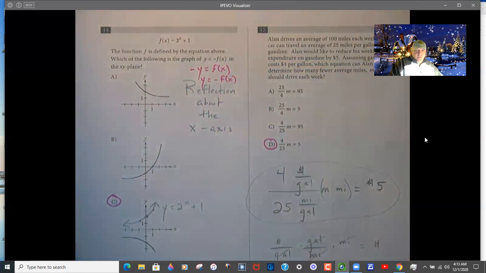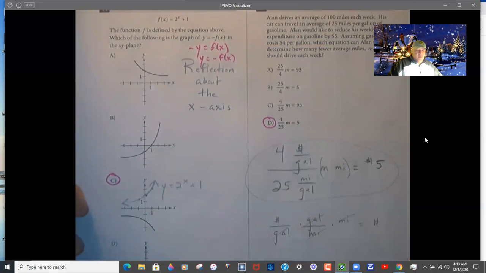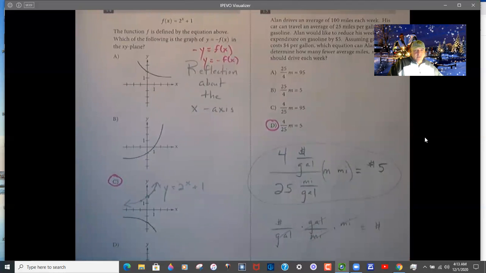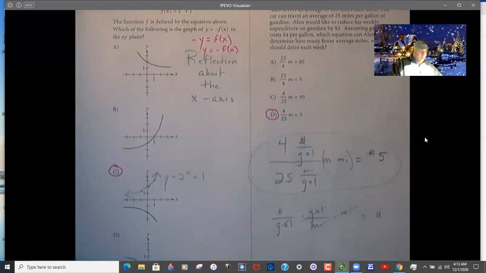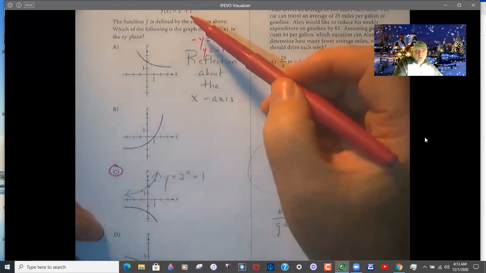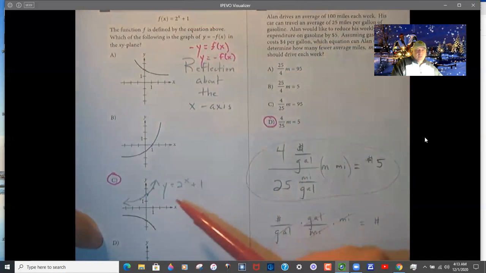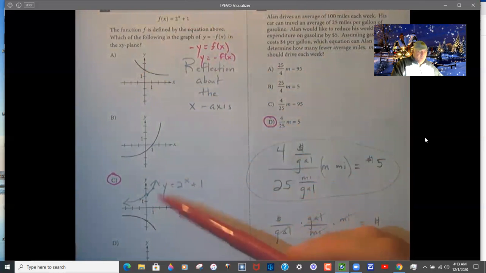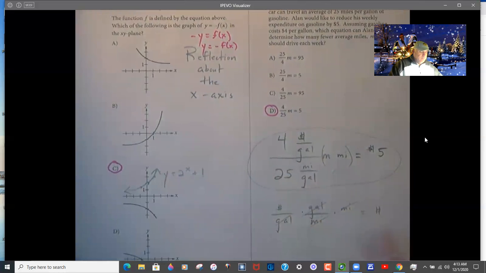So which one of these is the result of that without a calculator? And that's what makes this one also pretty difficult. So you need to draw this, is the idea. And you really can do it on any one of these. I picked the one that would give the right answer.